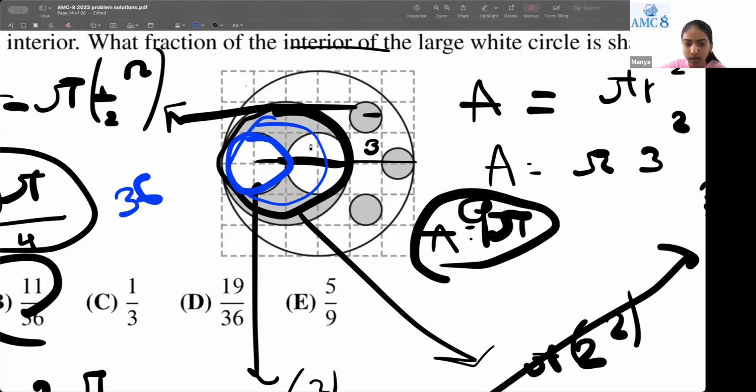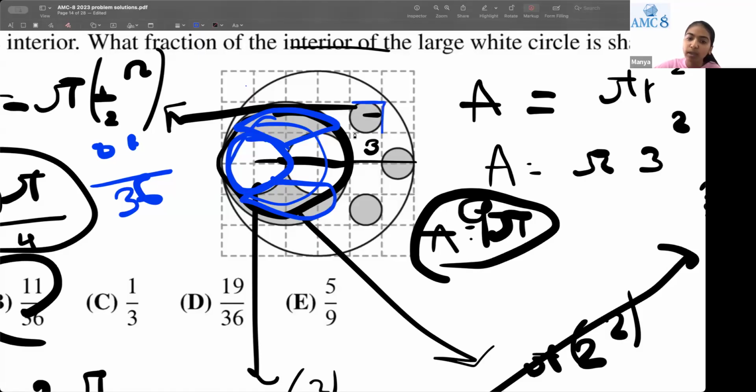So 16 minus 4 minus 4 is equal to 16 minus 8, which is equal to 8. But then 8 is just the shaded area right here, and the shaded area right here. And we also have to add these small circles.